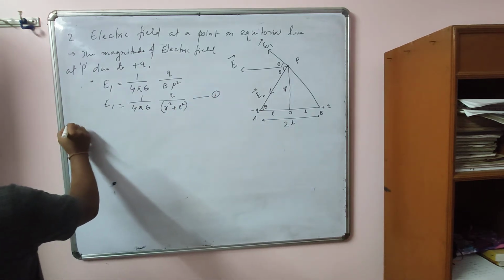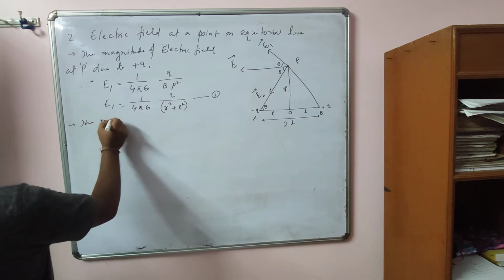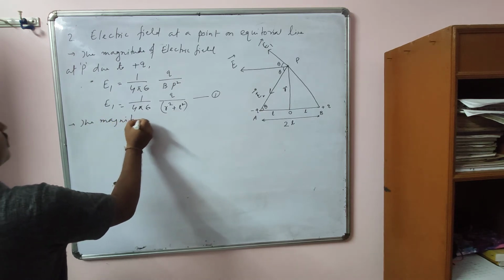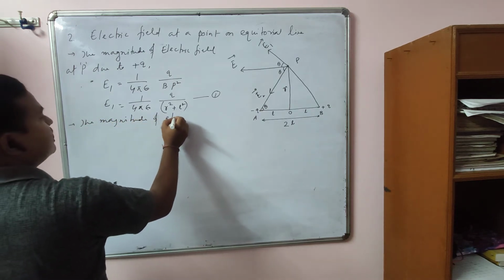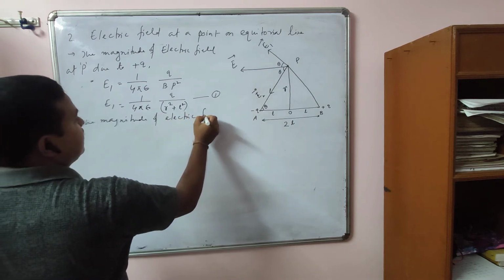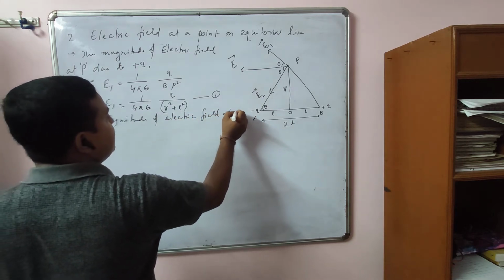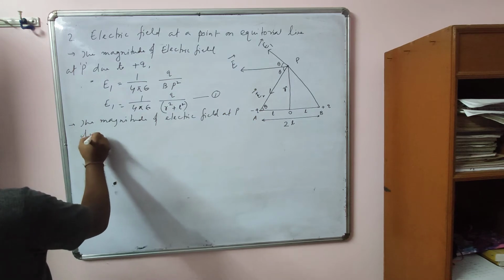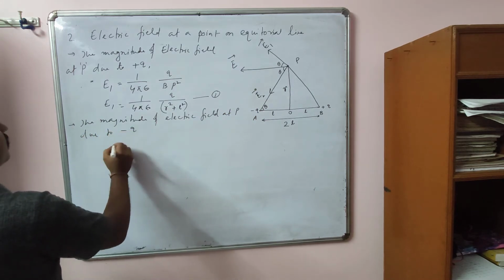Then you find the magnitude of the electric field at P due to minus q. What is its value?